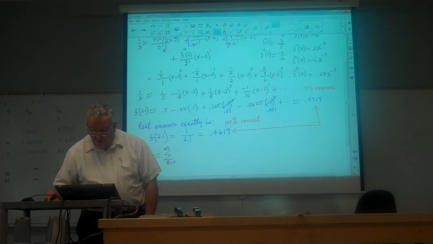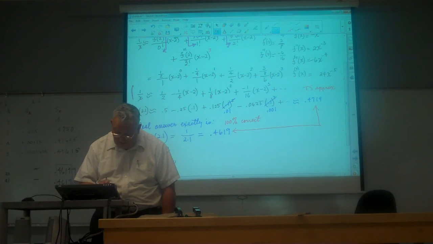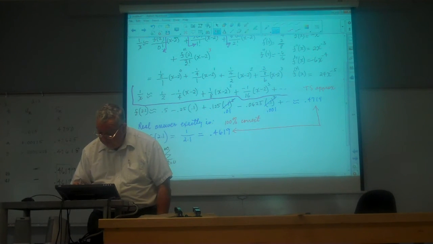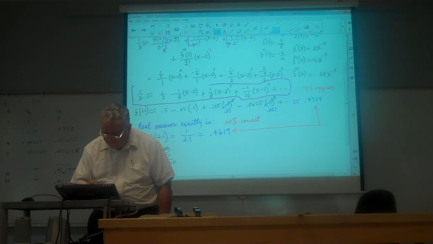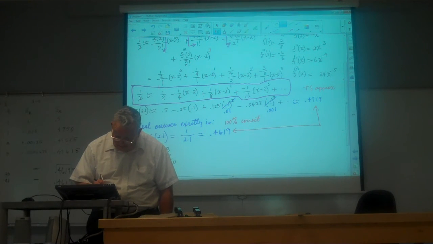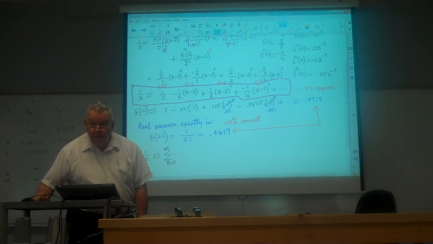What I'm looking at is this line right here. And this is k equals 0, k equal 1, k equal 2, k equal 3. Do we agree?